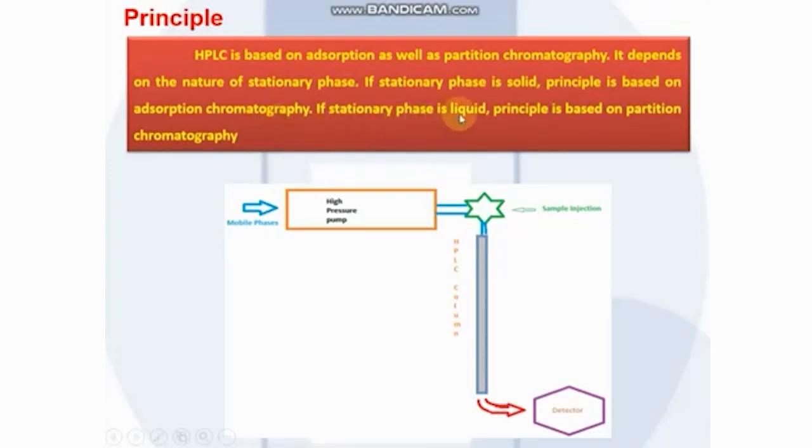If the stationary phase is a liquid, then the principle is based on partition chromatography. Or simply, the mixtures are separated by using the principles of column chromatography. But in HPLC, highly improved separations can be achieved.